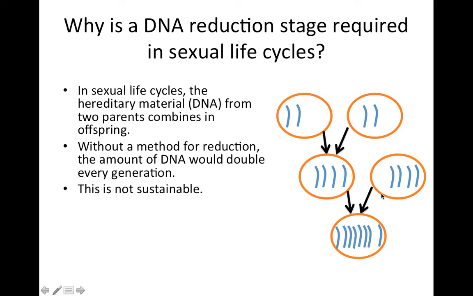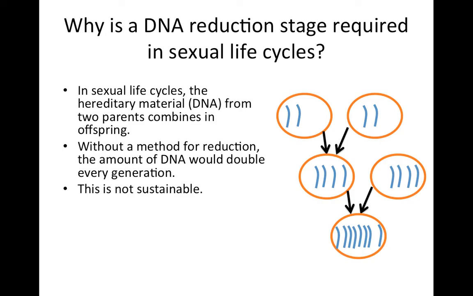Then if this offspring reproduced with another individual that also had 2 chromosomes, the offspring from that event would have 6 chromosomes. And you can imagine this offspring, if it reproduced with another individual with 4 sets, would lead to an offspring with 8 sets, and every generation the number of sets of chromosomes would double.